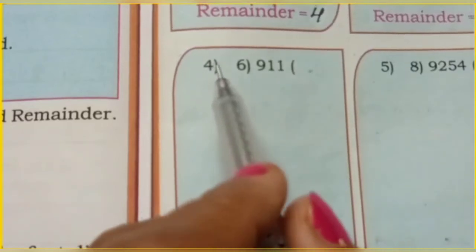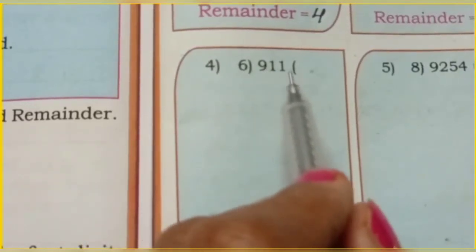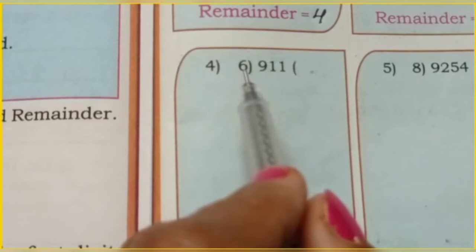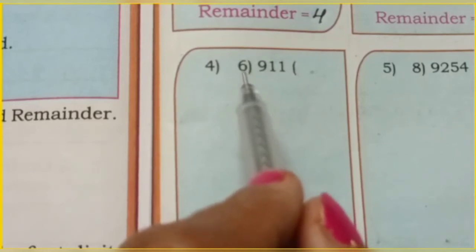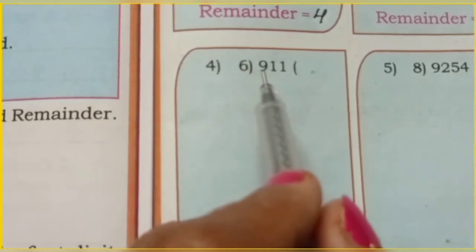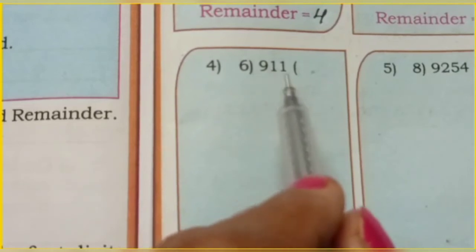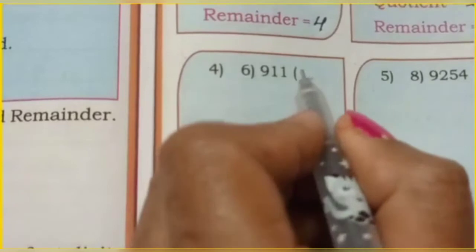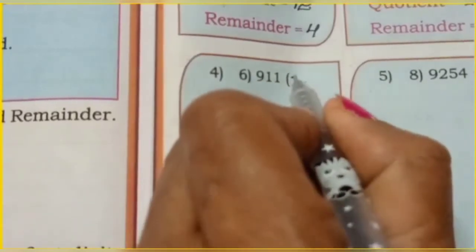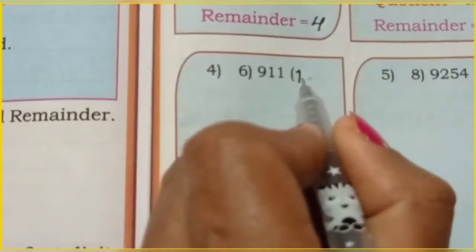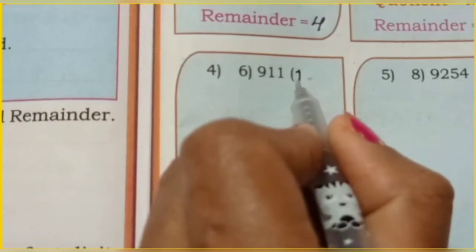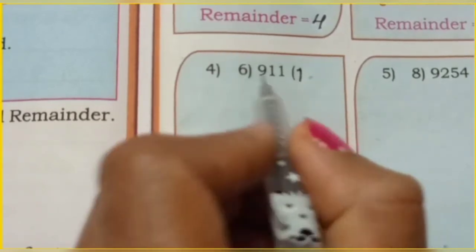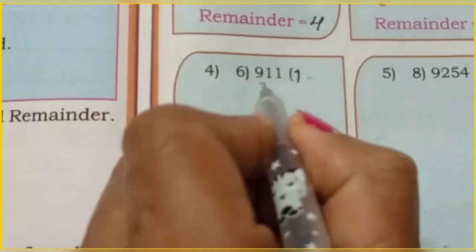Now, fourth question, 911 divided by 6. So, divide the 9 hundreds by 6. One time, 6 ones are 6. Write 1 as the first digit of the quotient and 6 right here.